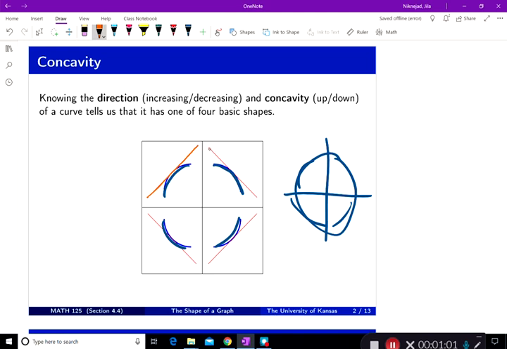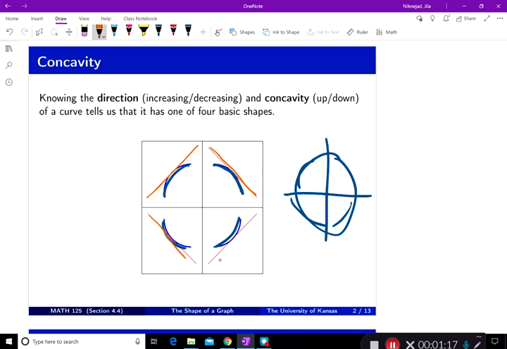The piece over here is sitting below the tangent line, therefore it's concave down, and it's decreasing and concave down. Below the tangent line is concave down.